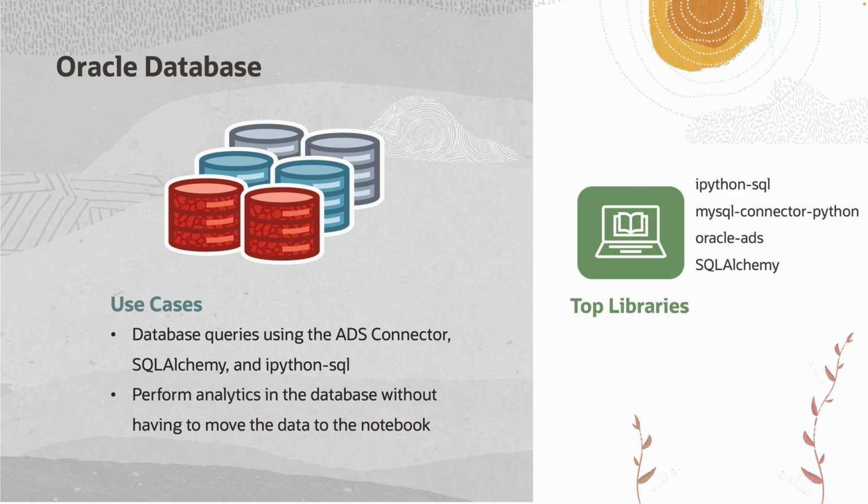You can seamlessly work with Oracle databases using the ADS connector, SQL Alchemy, and IPython SQL. The ADS connector provides a uniform interface to connect to databases. Use IPython SQL to directly enter SQL commands into a cell without the need for Python in that cell. This includes support for Oracle databases, MySQL, SQLite, and general support for most databases.